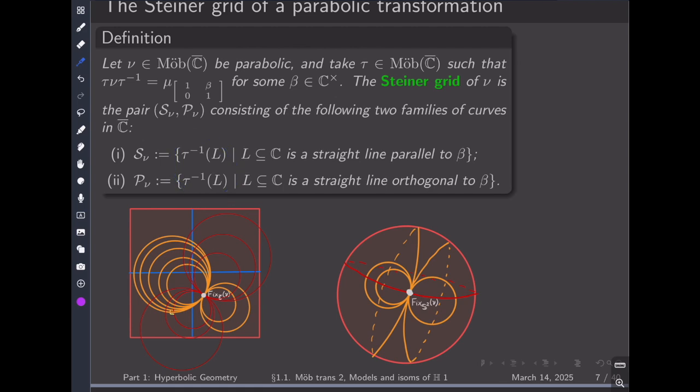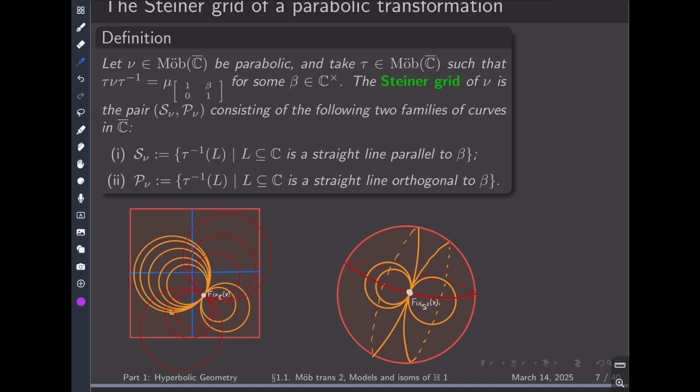The family of straight lines parallel to beta, in C bar, have only infinity as common point. So when I apply a Möbius transformation to them, their images are going to have only one point in common.